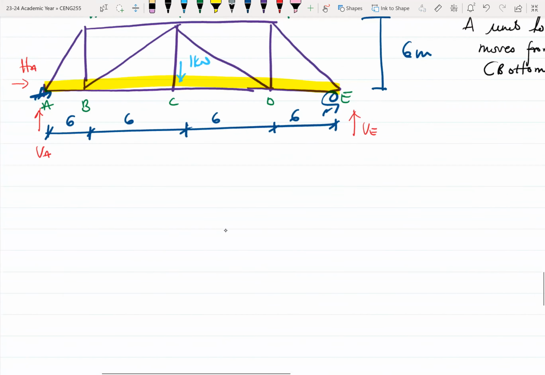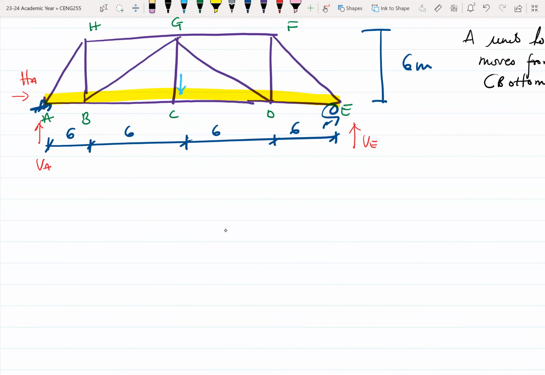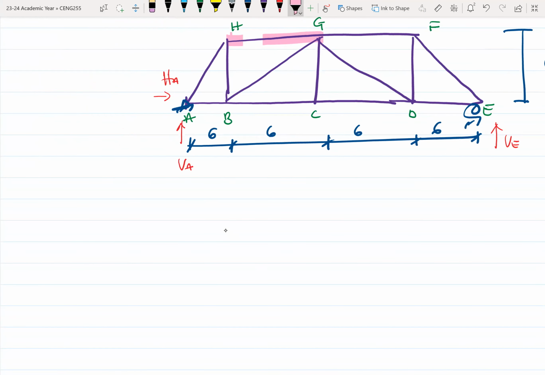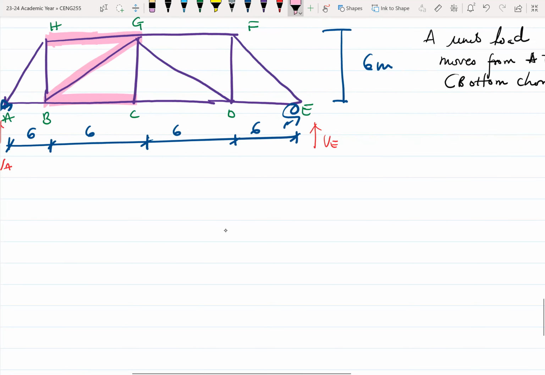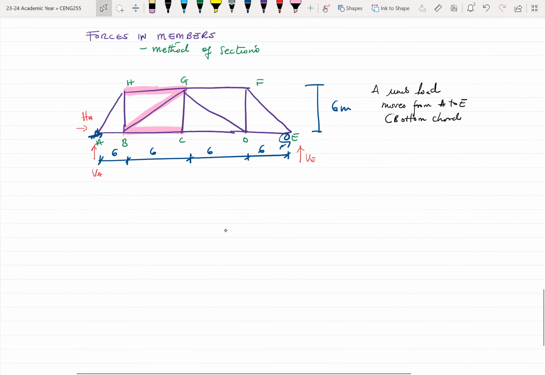But here, instead of finding reactions, we want to know the forces in the members. All right. So let's take three members of interest to work. Member GH, member BG, and member BC. Okay. So let's say, I think I'll do for two of them.